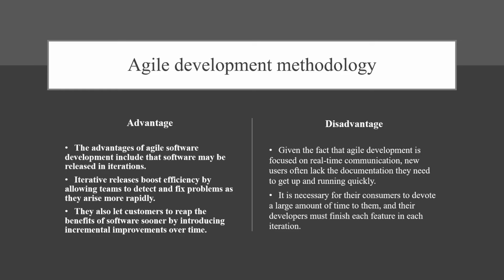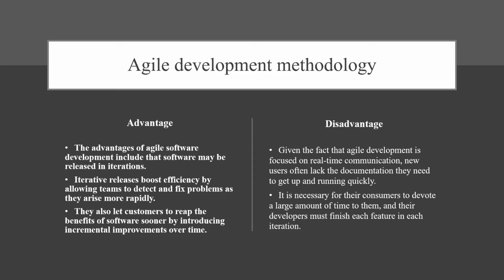On the other hand, we have the disadvantage. Given the fact that agile development is focused on real-time communication, new users often lack the documentation they need to get up and running quickly. And then we have iterative release, which boosts efficiency by allowing teams to detect and fix problems as they arise more rapidly.